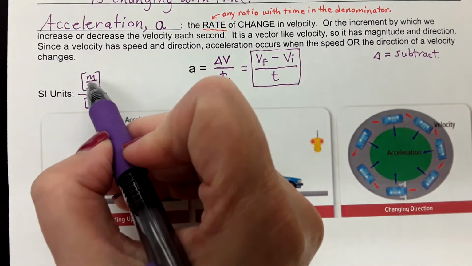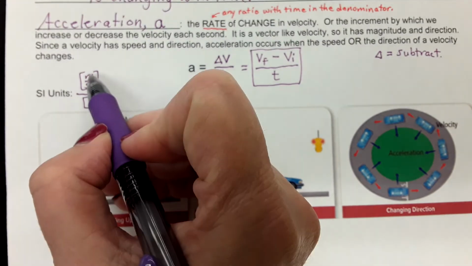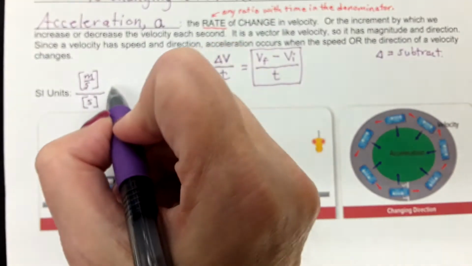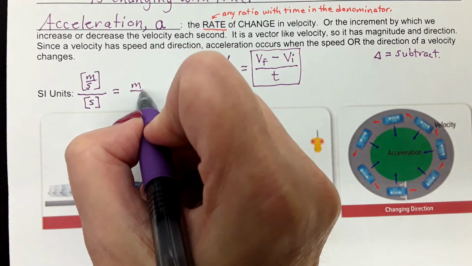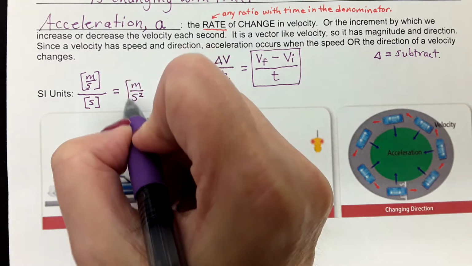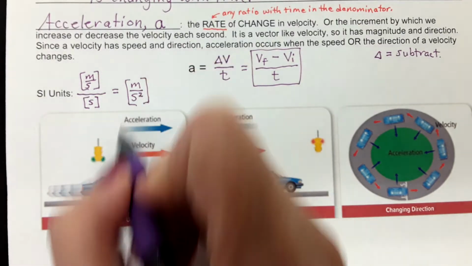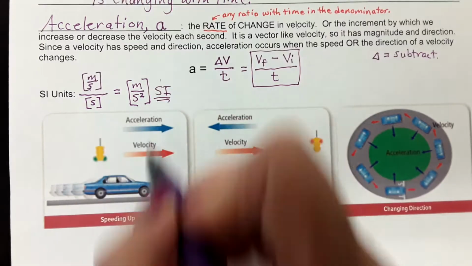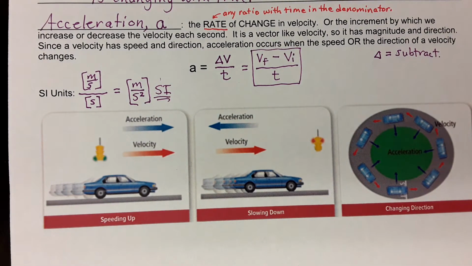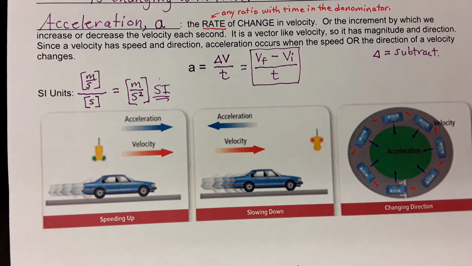So we get a meter per second, or a meter per second each second. And we can actually combine those two, and it would be meters per second squared, a square on the s. So this is the SI units right here. Don't forget that. That's how you're going to be able to identify it in a problem.